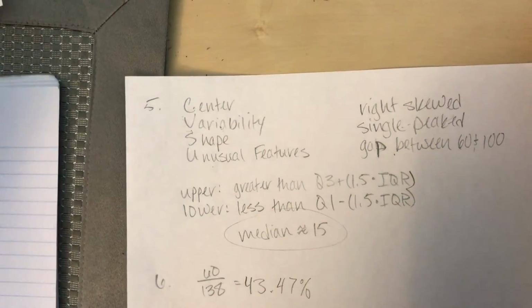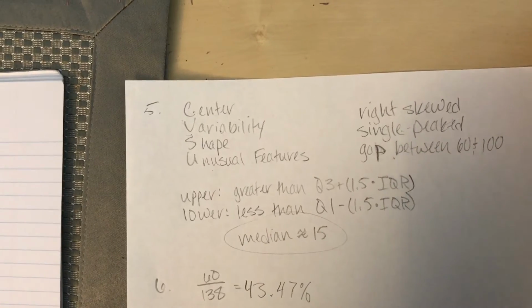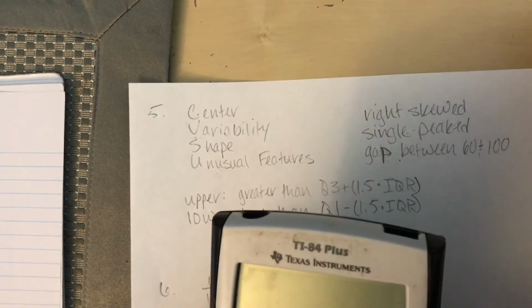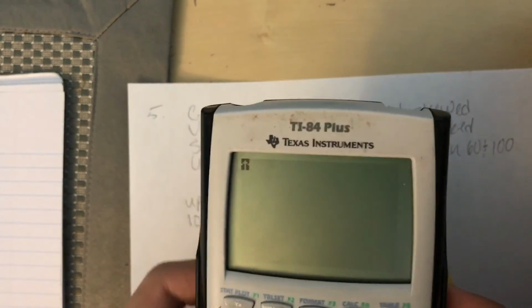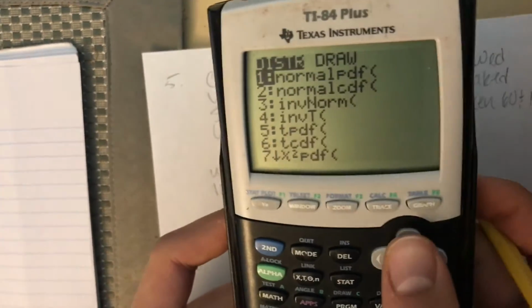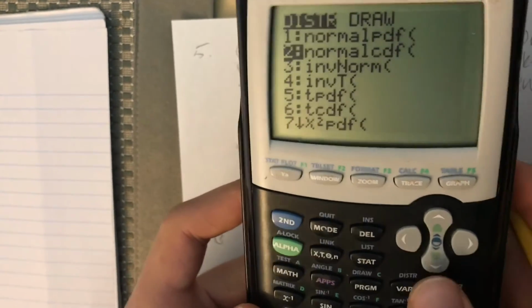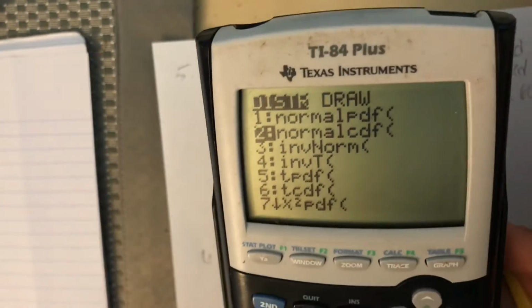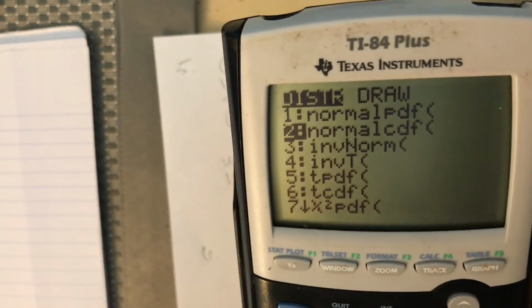To do that, you're going to do second vars, and then you get to this page. You're going to do normal CDF because you're finding a proportion. If you're trying to find the z-score, then you do inverse norm.